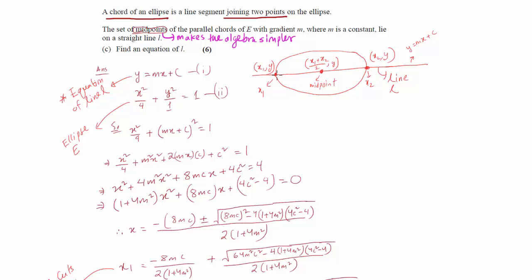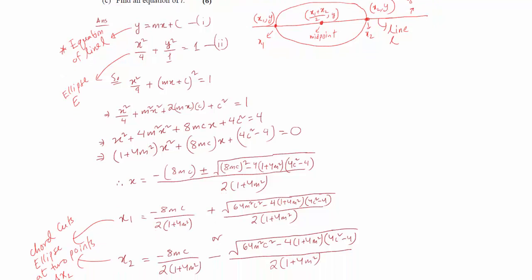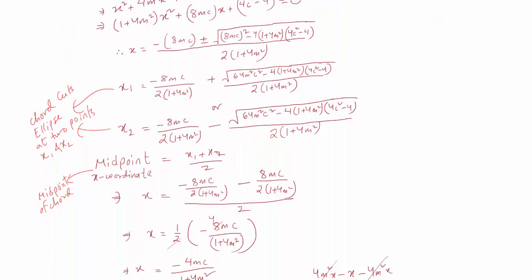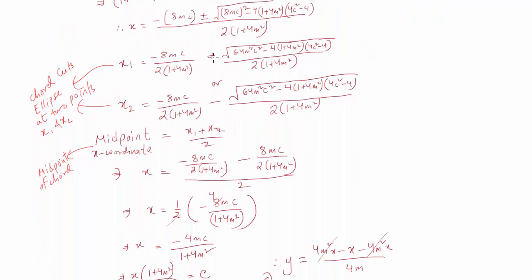Now if we join any 2 points on an ellipse, that line is called a chord. For making our calculation simpler, they have mentioned using a midpoint. So if we add up x1 and x2, we will find the midpoint. By adding x1 and x2, we can cancel the two root portions, plus and minus.